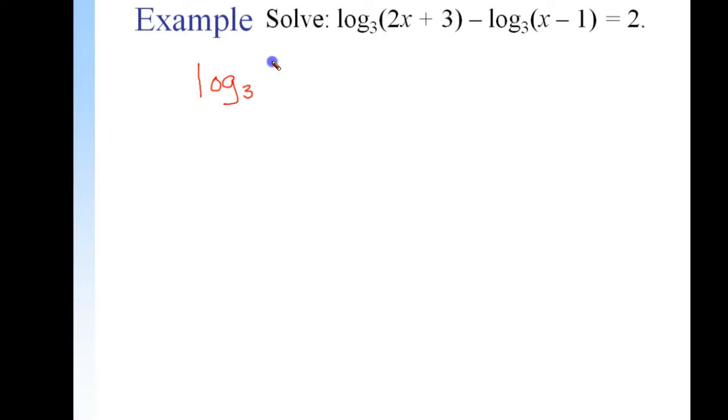So this becomes 2x plus 3 divided by x minus 1. And we're saying that equals 2. So what is our base? Our base is 3. What is our exponent? It's 2. And then this is our answer.